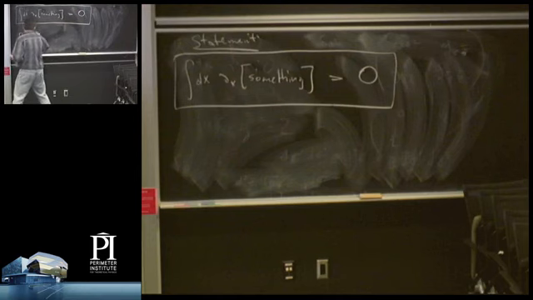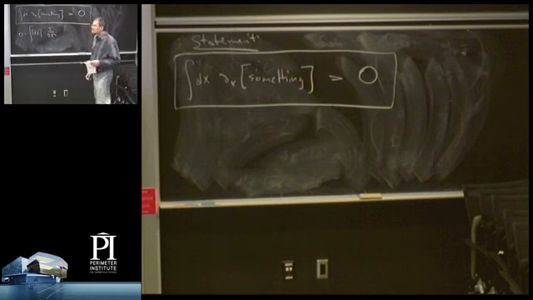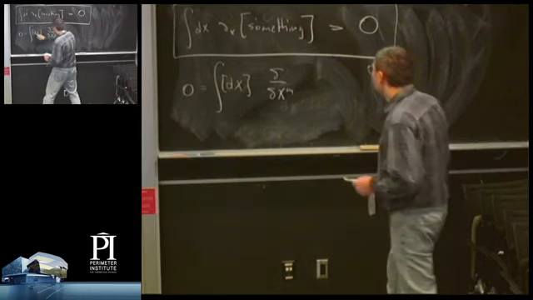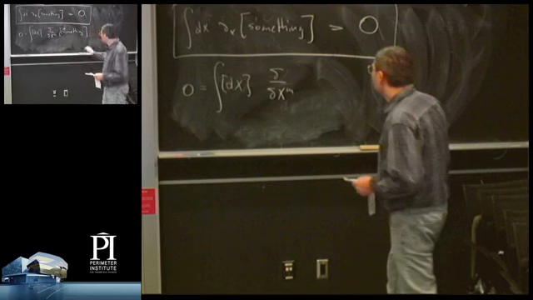In particular, if I have a functional integral where I make a variation with respect to one field, with respect to the field x, of something, and this something is e to the minus S times something, it doesn't matter.